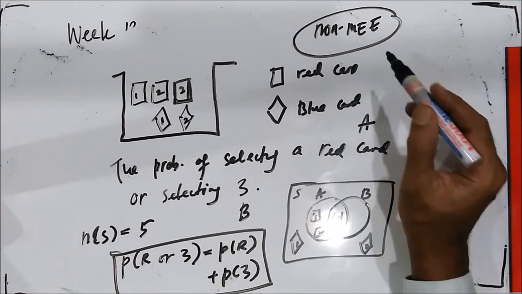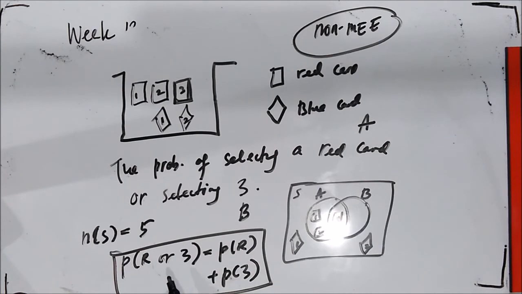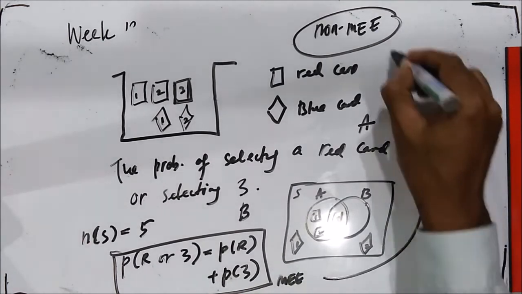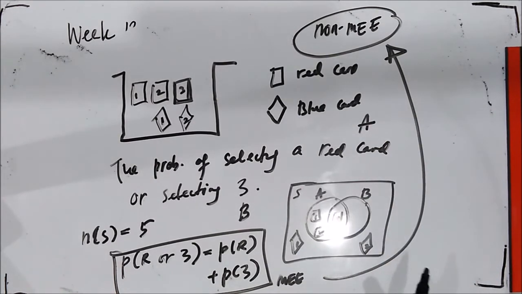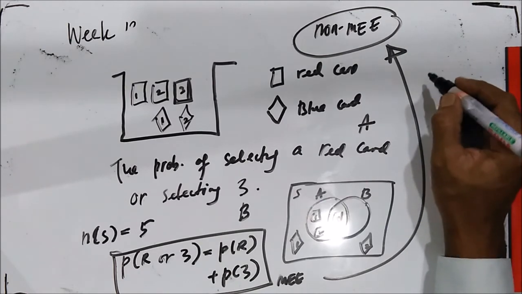So this is a non-mutually exclusive event. The formula P(R) plus P(3) is for mutually exclusive, but in our case we are referring to non-mutually exclusive, and this one must be solved differently.